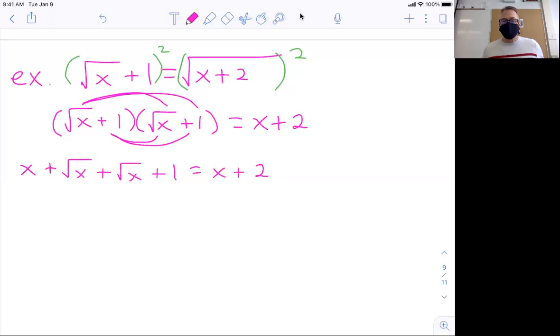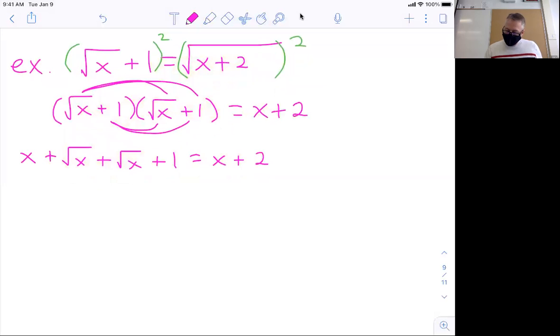All right. So I had a radical by itself. I square both sides, and we're here. Now I have to do that process again. I have to get the radicals by themselves, and then I'm going to square both sides again.